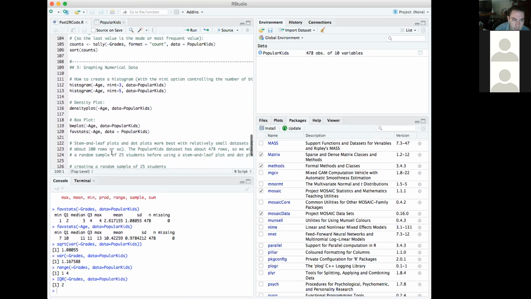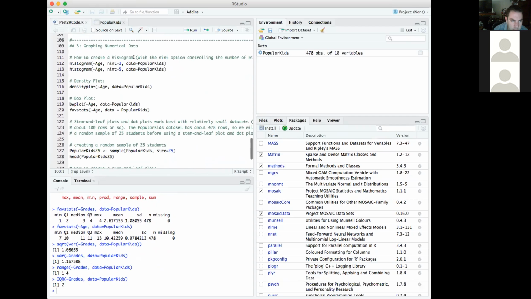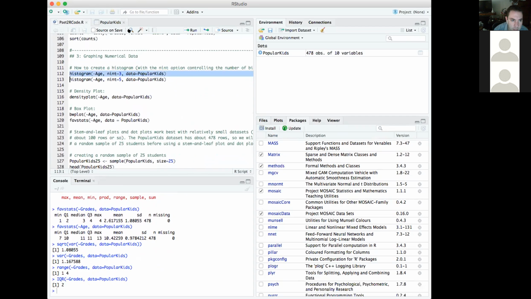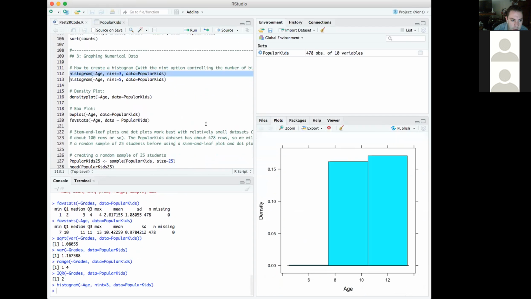And here we give you some code on how to display our data so we can make different graphs. We can make a histogram of the ages here by using the histogram tool, and the n int equals represents the number of bins.